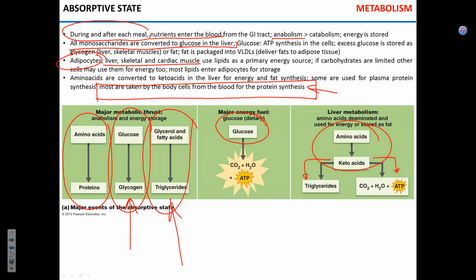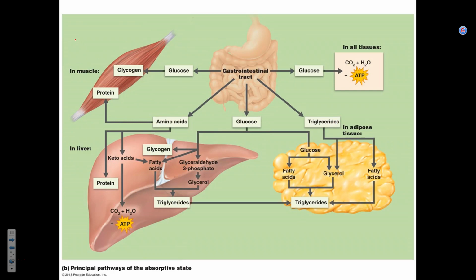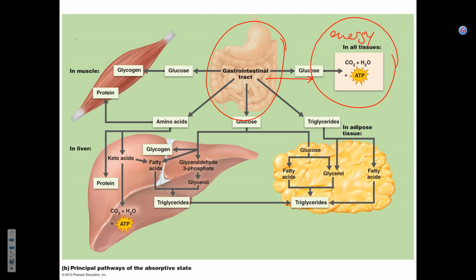And this, I'm going to wrap up the talk and I'm going to ask you if you have any questions. So this is your GI tract. Glucose gets absorbed, used as the energy source by all tissues. Triglycerides stored in the adipose tissue. Glucose is also converted into glycogen in the skeletal muscle.